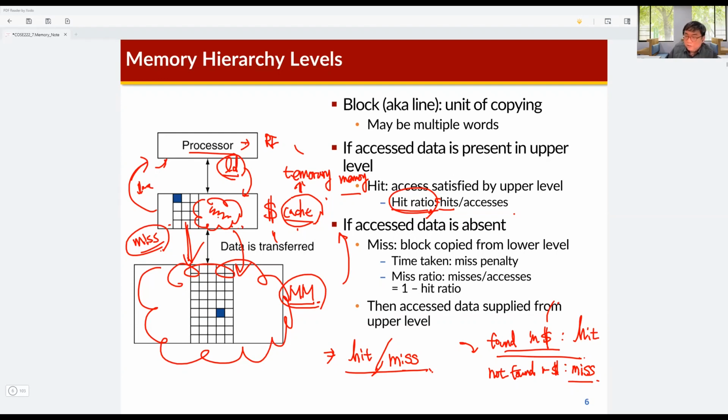The miss ratio is 1 minus the hit ratio, because there are only two different events, hit or miss, when the cache is accessed by the processor. So just remember hit and miss in the memory hierarchy.